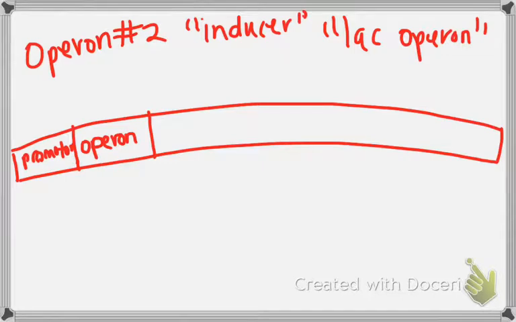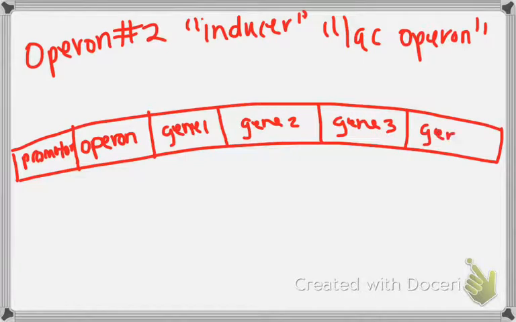Then, after operon, we want some genes in here. Maybe this time we have gene 1, gene 2, gene 3, gene 4. Now this is the lac operon. Lac being short for lactose.